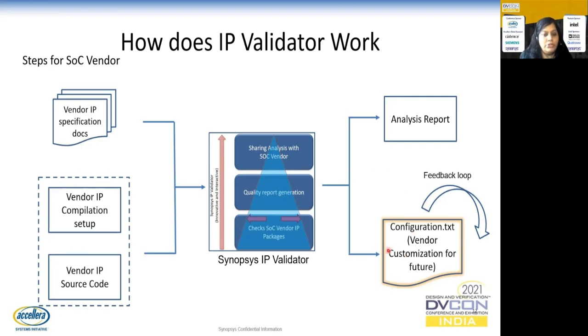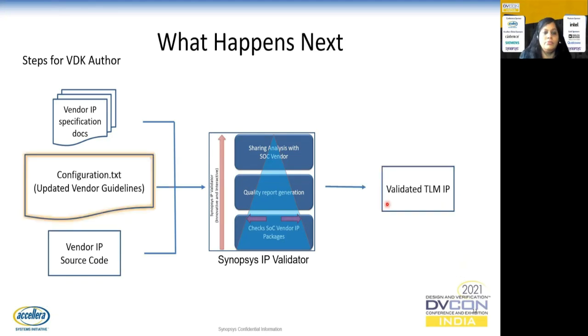Now, this is an important piece of the flow because it is the file that actually enables the feedback loop for the vendor to customize the flow, to define their own rules, to modify, add, or remove these checks, and to make sure that if there are any deviations that the flow is capturing which are not aligned with their expectations, they can make certain customizations at their end for future usage.